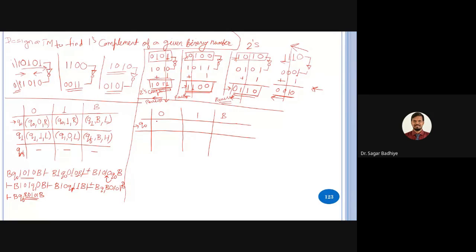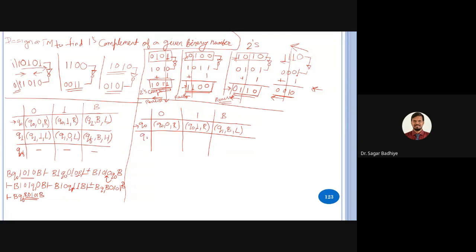That is, in q0, if you get a 0, you will stay in q0, keep this 0 as it is, take a right move. If you get 1, you be in q0, keep this 1 as it is and take a right move. And as soon as you read a blank, this would be indication that end of the string is obtained. So you need to remember that we are in reverse direction now. So change the state to q1, keep this blank as it is and take a left move.